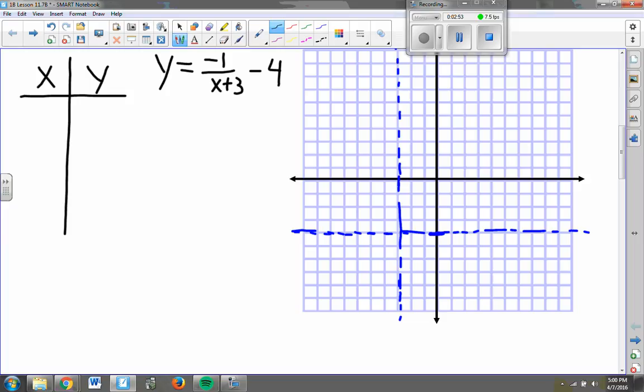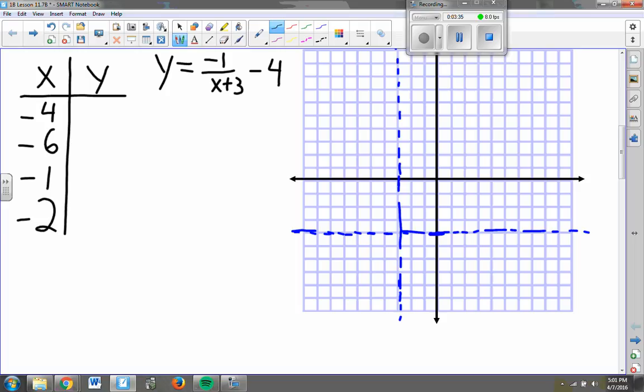Now, I'm going to pick values that are pretty close to my vertical asymptote as the x values in my table, but I need to pick some that are on the left of that asymptote, some that are on the right. So maybe I'll pick -4, and then I'll pick -6, and then maybe I'll pick -1, and maybe I'll pick -2.